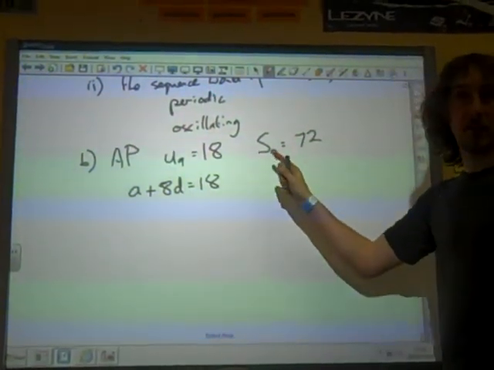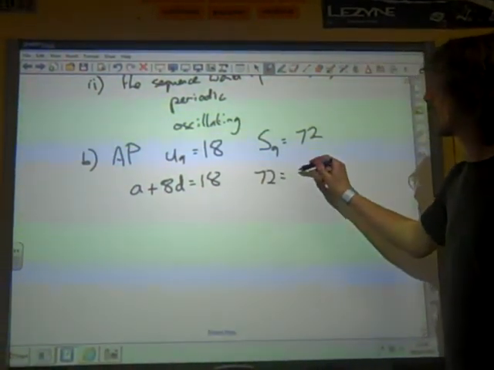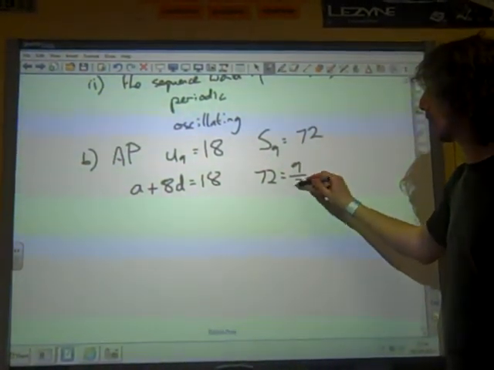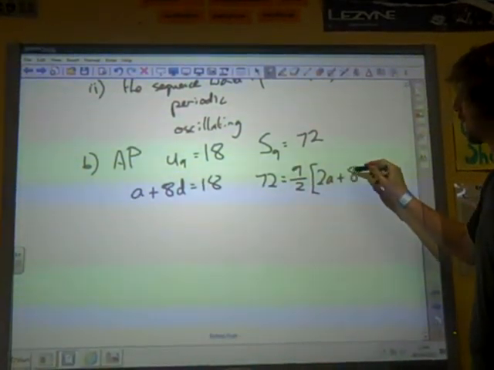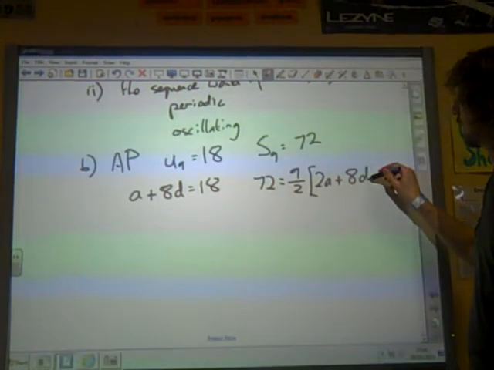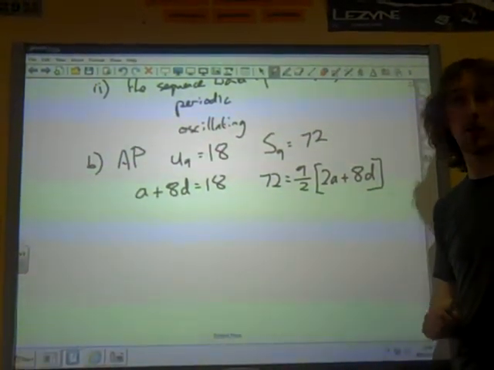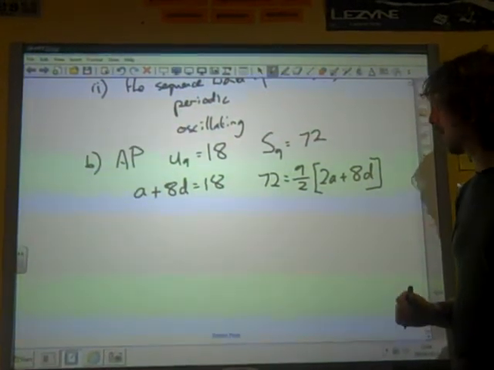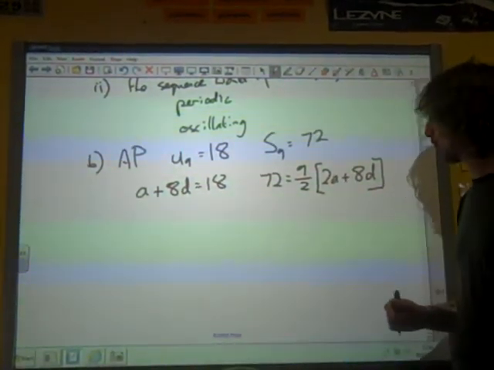And the sum of the first 9 terms is 72, so 72 would be n over 2, 9 over 2, times 2a plus n minus 1 again, so 8 times d. And so we've got there the 2 equations that we need for this. I think we might do a bit more work on this one first. What can we do?